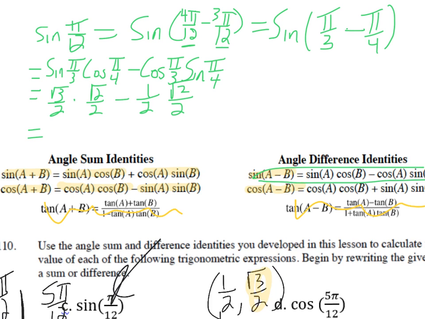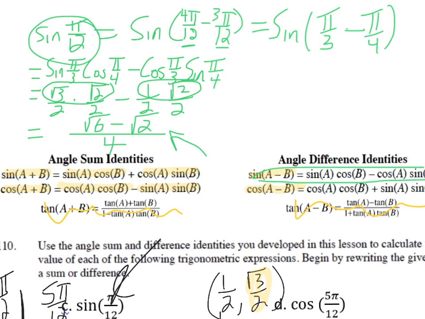And this simplifies down to everything over 4: the square root of 3 times the square root of 2 is the square root of 6, minus 1 times the square root of 2 is the square root of 2. So this is the y coordinate for the sine of pi over 12.